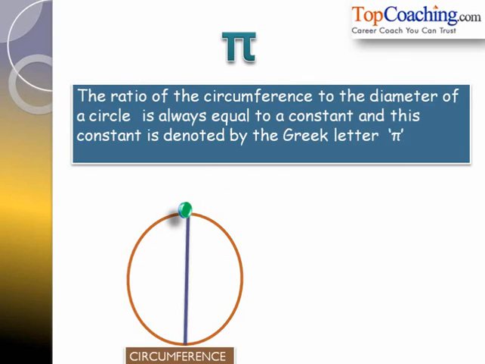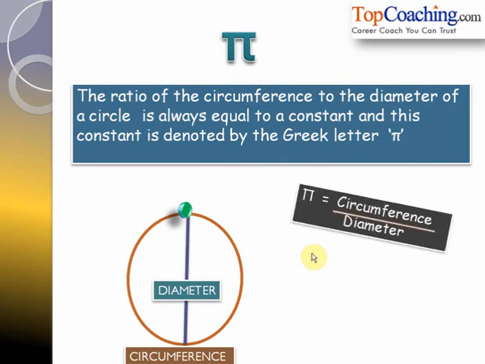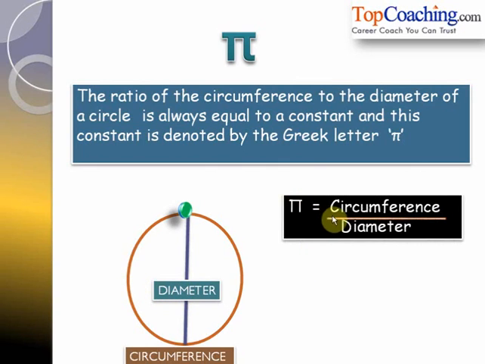So this represents the circumference. So the distance moved by the blue particle is actually the circumference or the periphery of this circle, and the distance moved by this particle, which is the green particle, is known as the diameter. So pi is equal to circumference divided by the diameter. So pi is nothing but equal to the distance moved by the blue particle divided by the distance moved by the green particle.